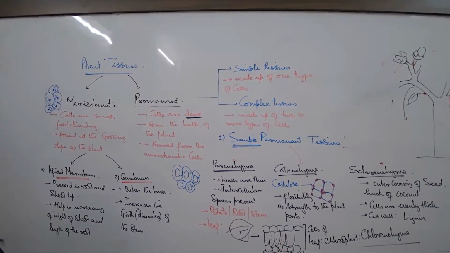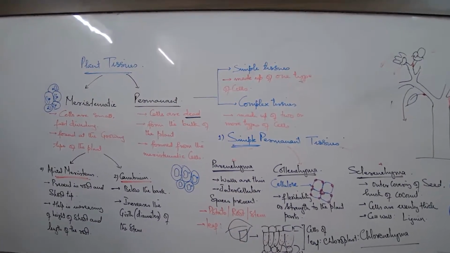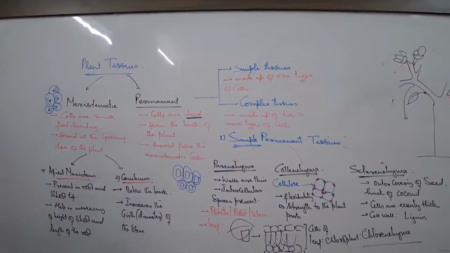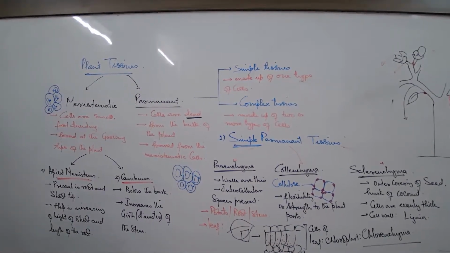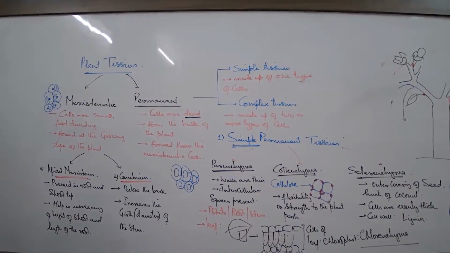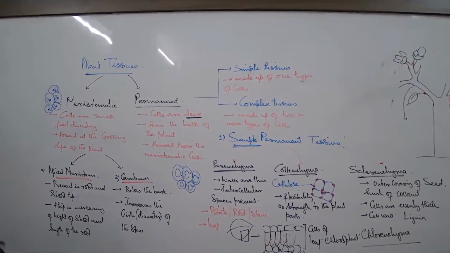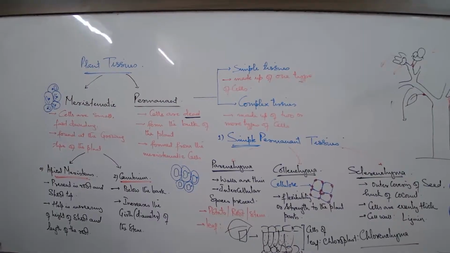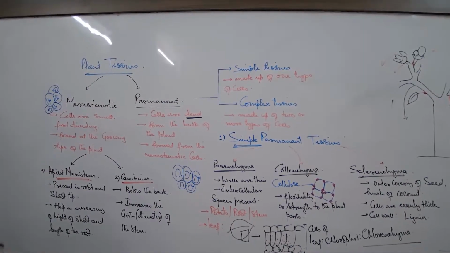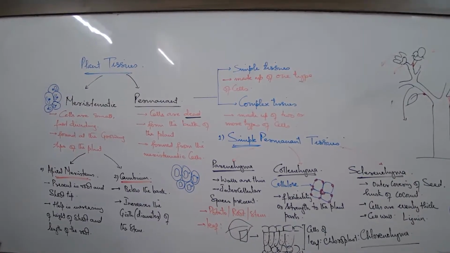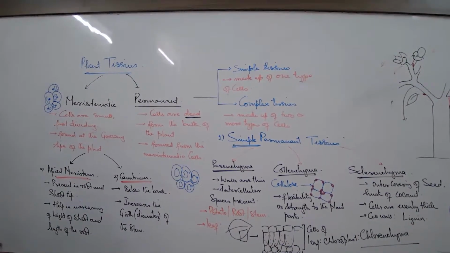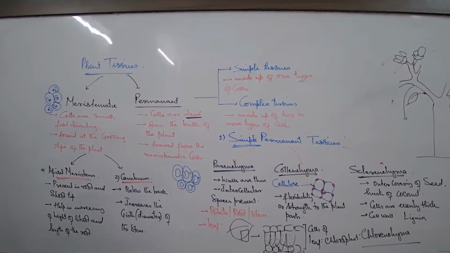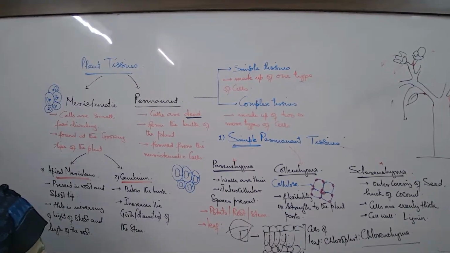Complete number 3. Group of similar cells that perform a specific function. What is it? Tissues. Cells responsible for increasing diameter of the stem and root. Which type of cells increase the diameter?